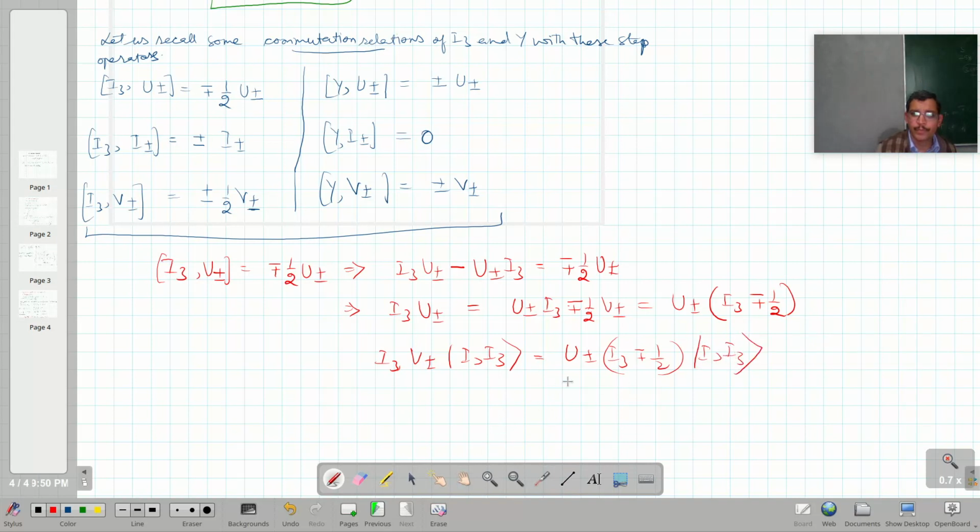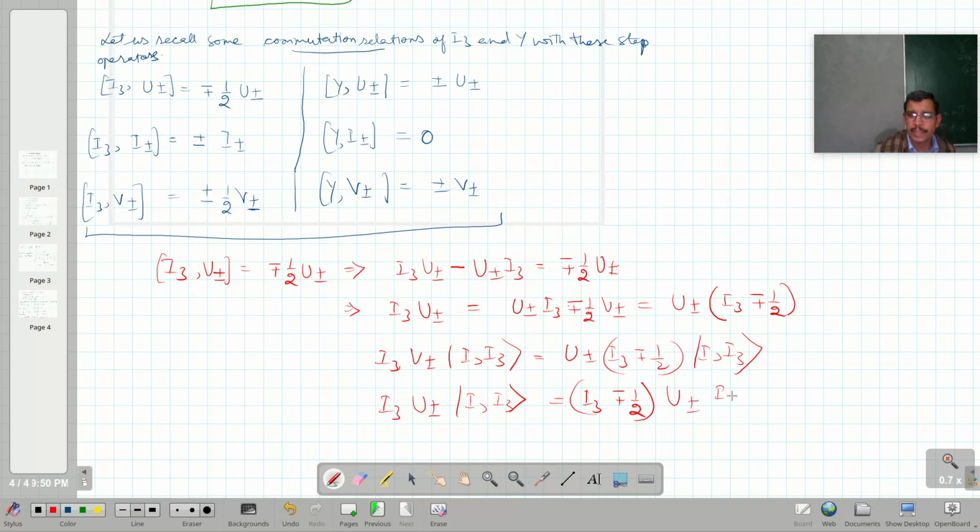So it can be written here because it's a number. So I3 U± commutator gives us, sorry, it's like this: I3 minus plus 1/2 and U±.